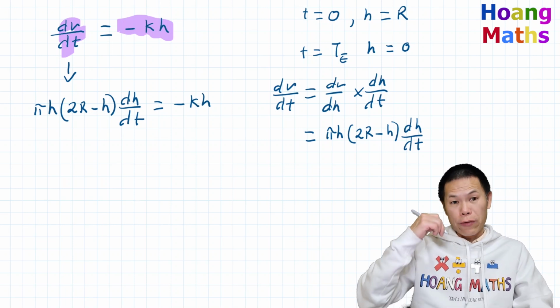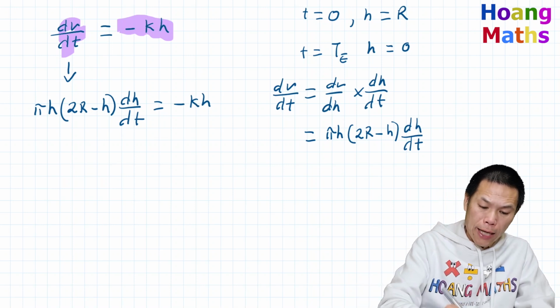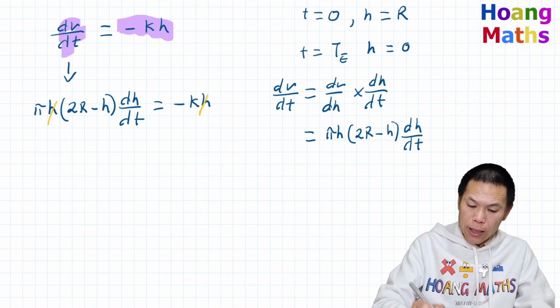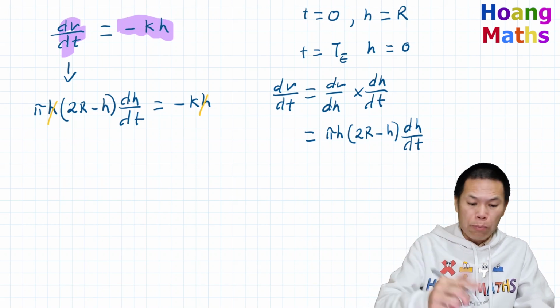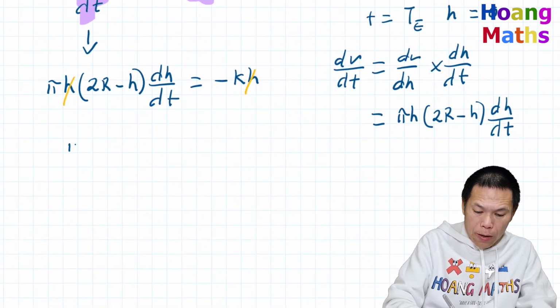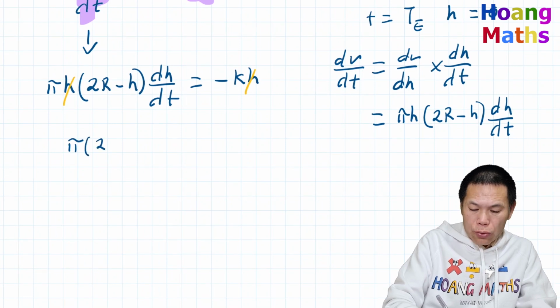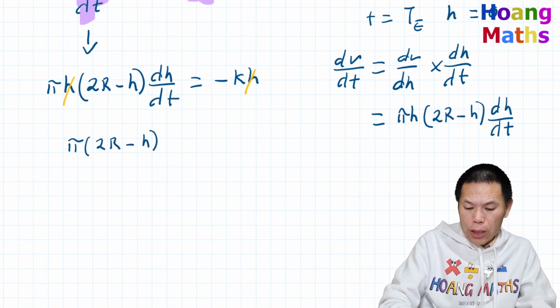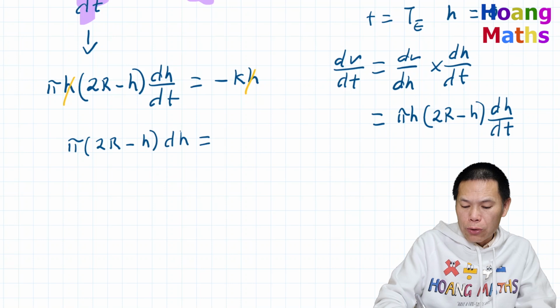There you go. If I divide by h on both sides, that cancels out, and I multiply by dt on both sides, that gives me pi (2r − h) dh equal to negative k dt.